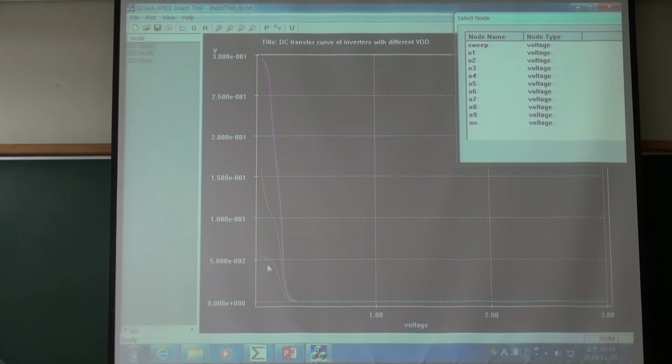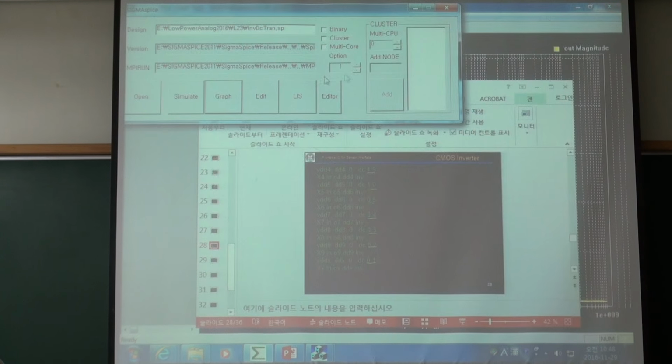We cannot use 0.1, so that's no good. I think it's safe to use VDD larger than or equal to 0.5 volt with this process. They work in the sub-threshold region.